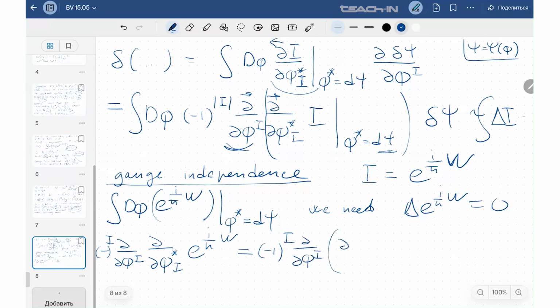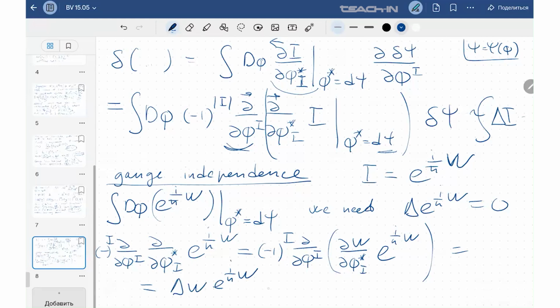So here we get dw over d phi star I, again exponential. And then we get two terms, right? So the one is going to be just delta w, exponential times exponential. And the second one is when this d phi would hit exponential.